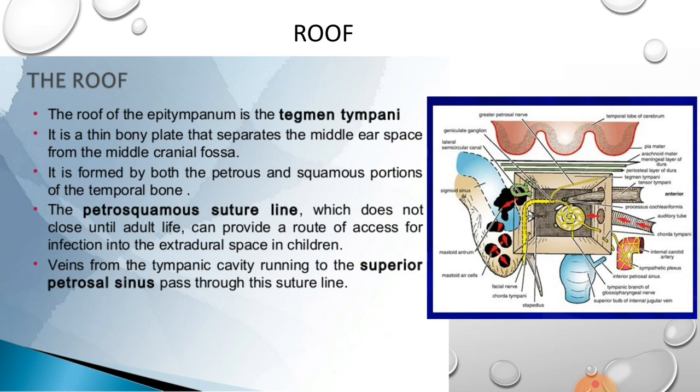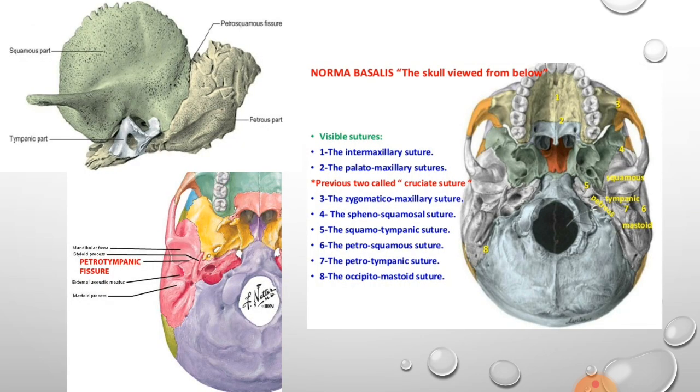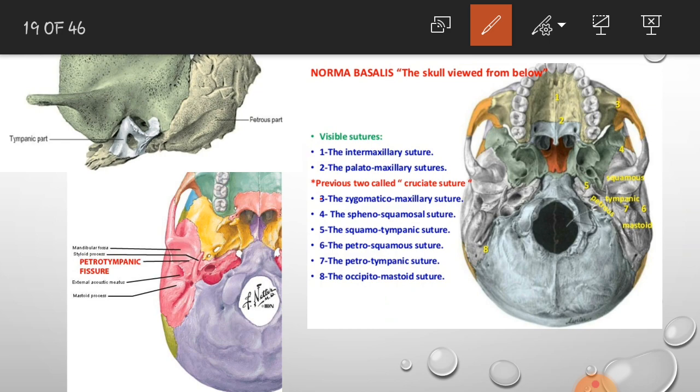Veins from the tympanic cavity running to the superior petrosal sinus pass through this suture line. Let's have a look at this suture. Here you can see that this is the petrosquamous suture.